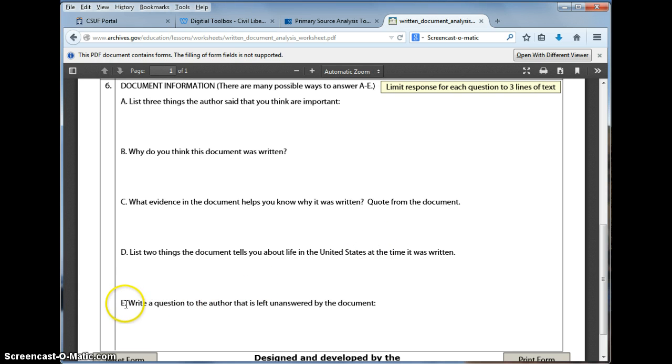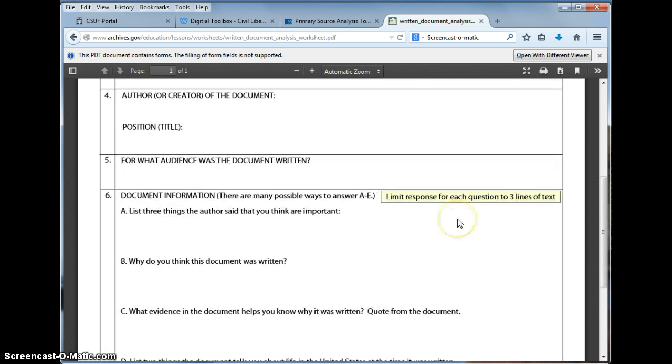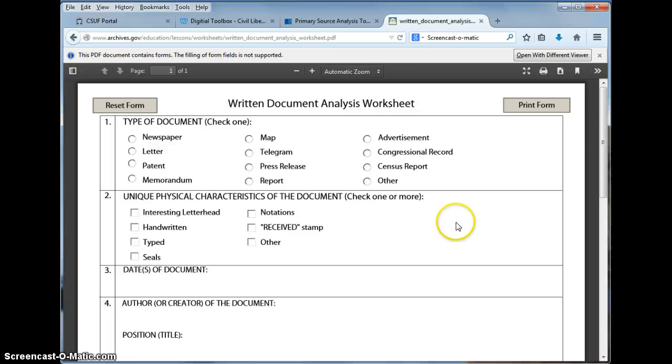And then it asks you to write a question to the author that is left unanswered by the document. Also here on C, what evidence in the document helps you know why it was written? And then you have to provide a quote from the document. So this worksheet is providing a lot more support in its own text of how students should be addressing primary source documents.